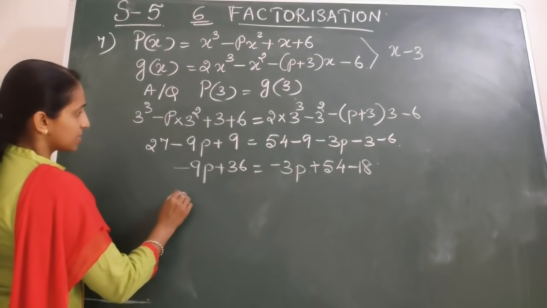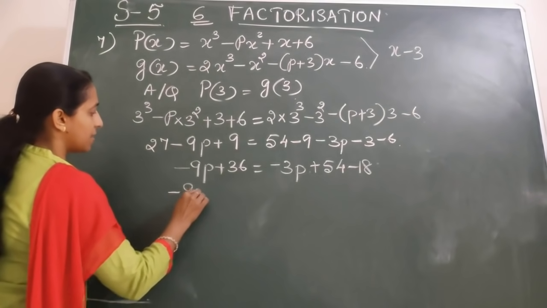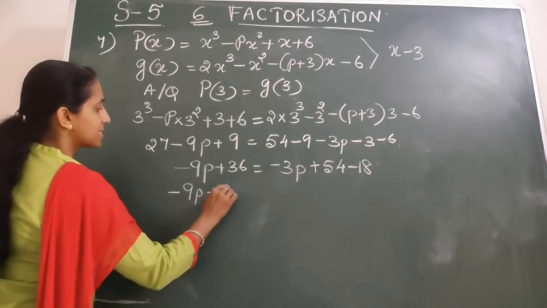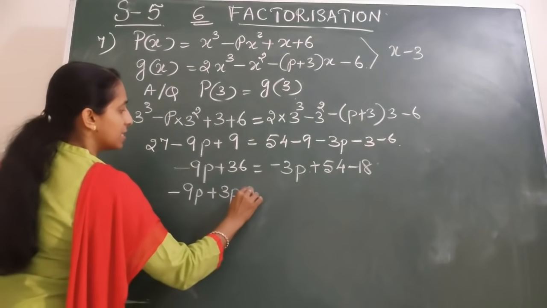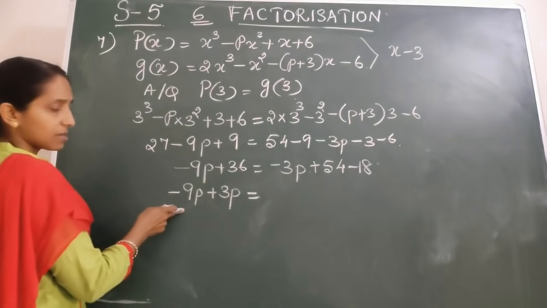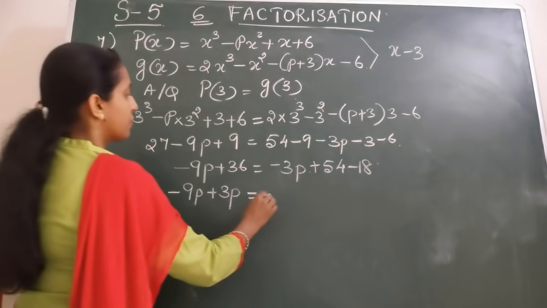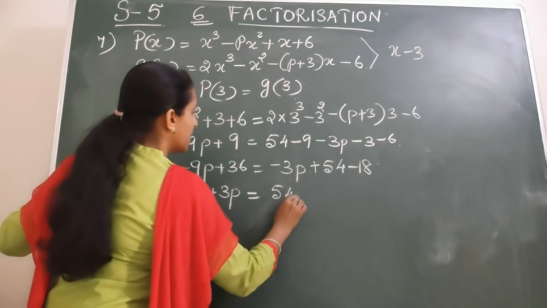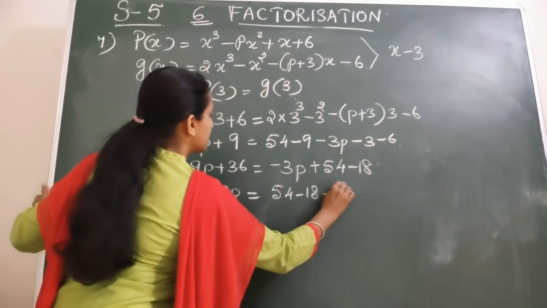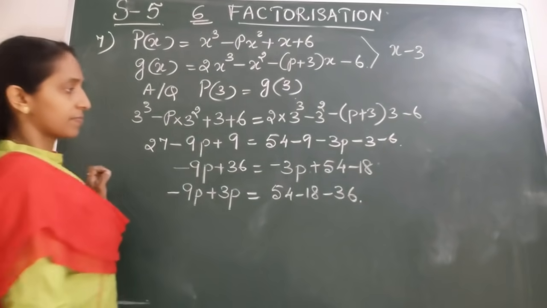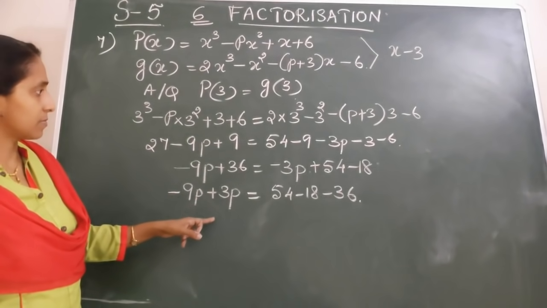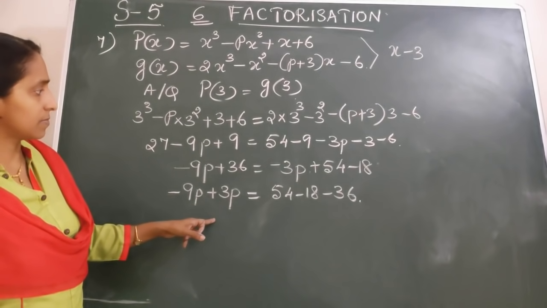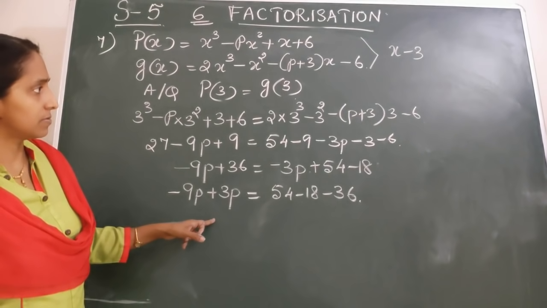Taking the constant terms here means minus 9p plus 3p is equal to, minus 3p comes here plus 3p. 54 minus 18 minus 36. Comes as 0.